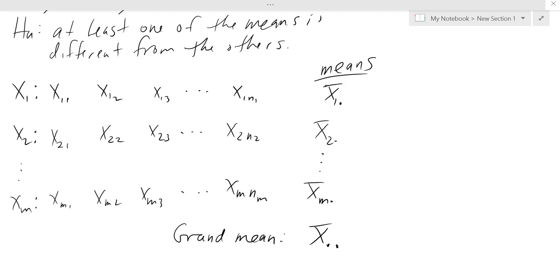And then likewise, if the null hypothesis is that they're all equal to the same thing, if we just average all of them, we should have something that, if they really are all equal to the same thing, then this grand mean shouldn't be much different than the rest of them. Right? Okay.